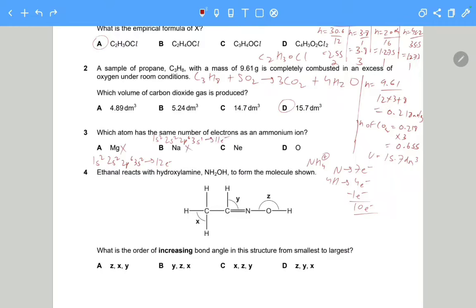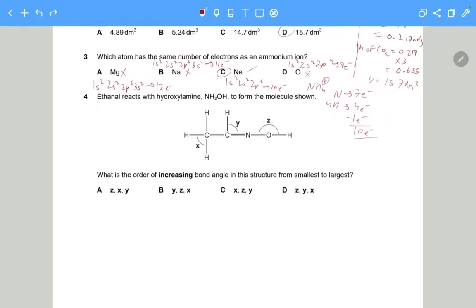Again, sodium is not the answer. Neon, 1s2, 2s2, 2p6, 10 electrons. Likely to be the answer. And then oxygen, 1s2, 2s2, 2p4, which is 8 electrons. Again, this is not the answer. So the answer is option C.